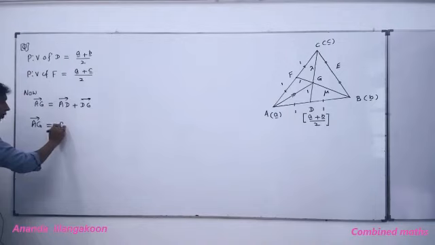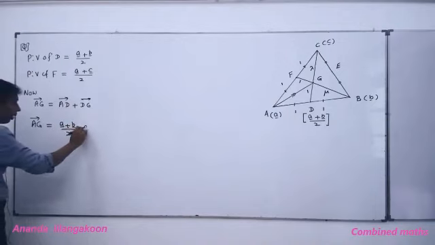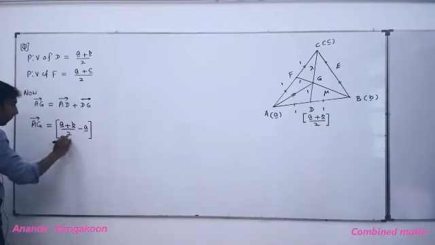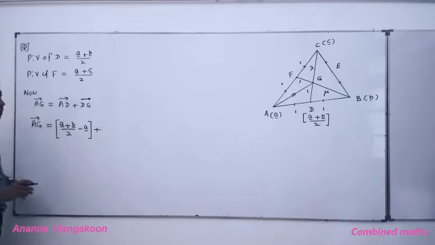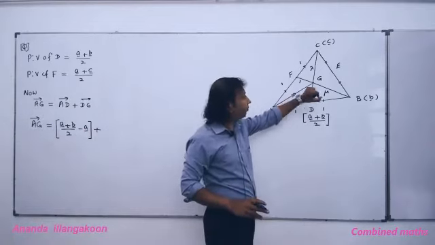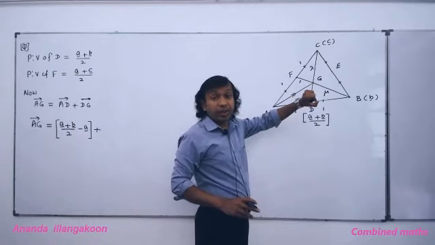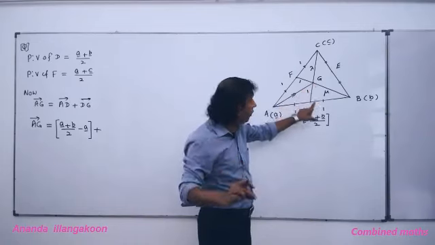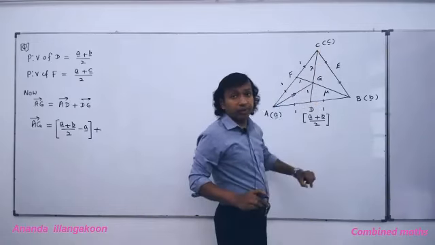What is that? Position vector of D is (A plus B) divided by 2. That of A is minus A. Plus. Can somebody tell me how to write this DG vector? We can write this DG vector as a part of the DC vector.